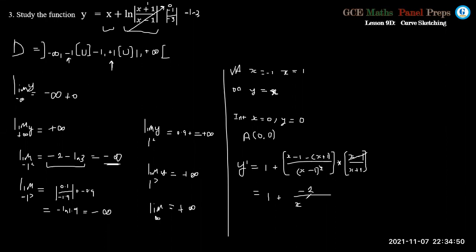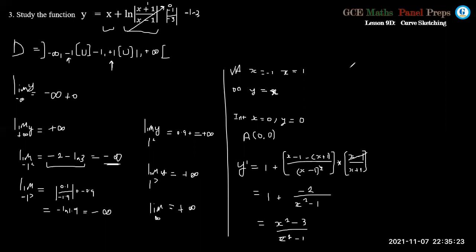Because of the difference of two squares, that is x squared minus 1. If I simplify this function, look at the LCM, I have x squared minus 1 minus 2, so x squared minus 3 over x squared minus 1. So this is the gradient function.